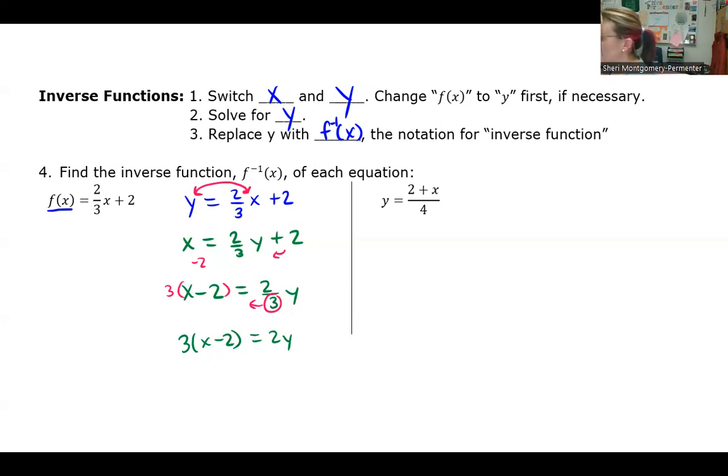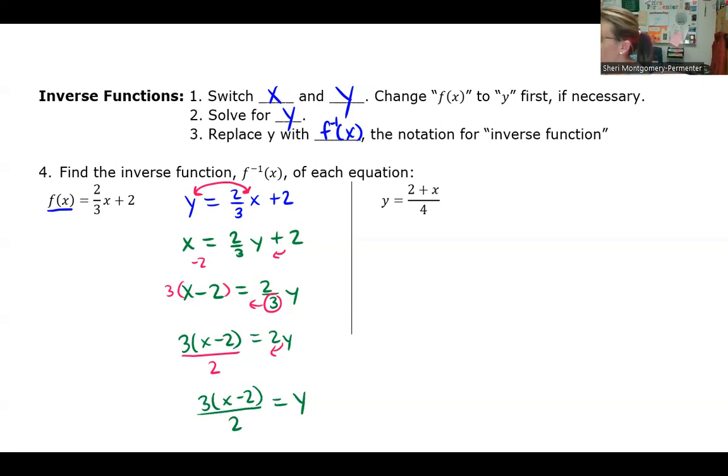And my last step is to get y by itself. It's multiplying by 2 right now. So to undo multiply by 2, I have to divide by 2, and I have to divide everything by 2. So did we switch x and y?